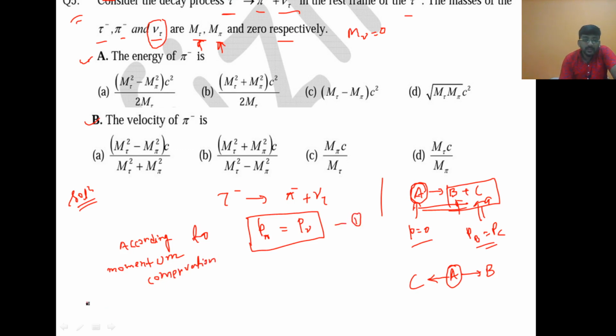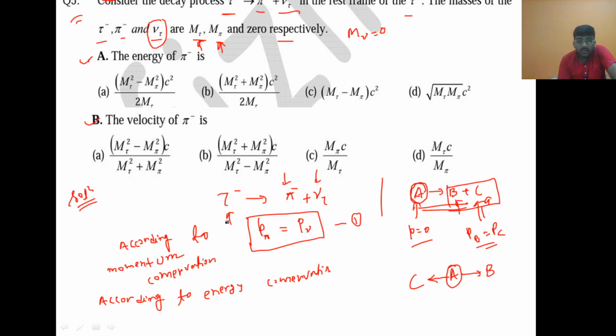Now according to energy conservation, the total energy of tau will be the same as the sum of the total energies of pi minus and nu.